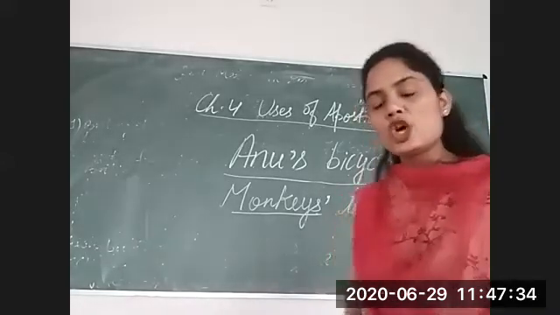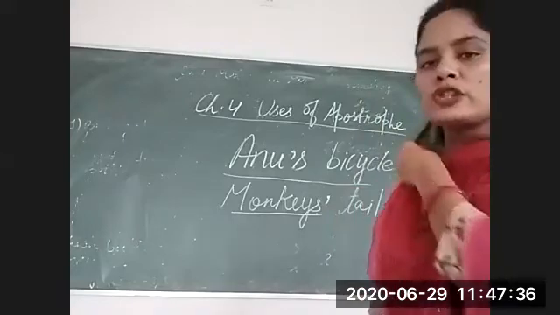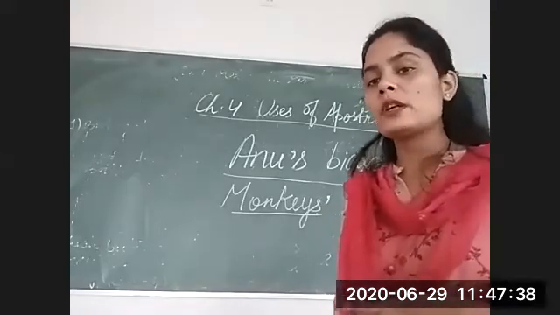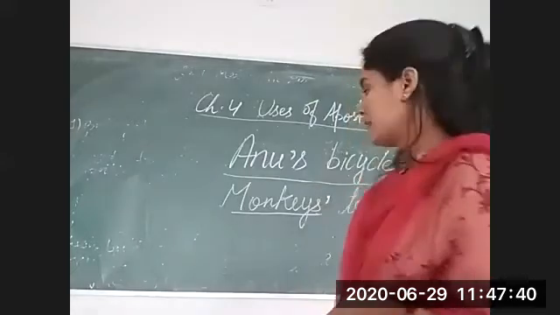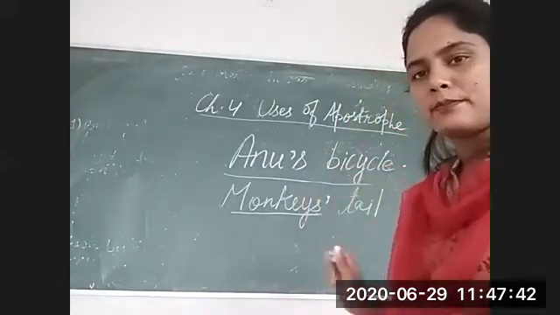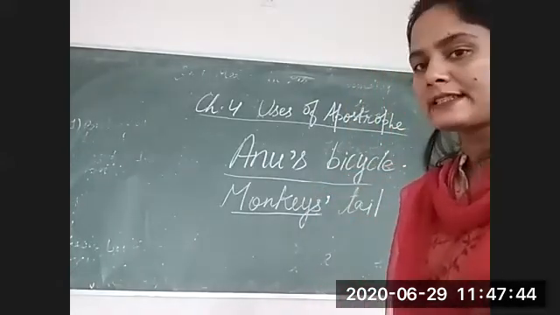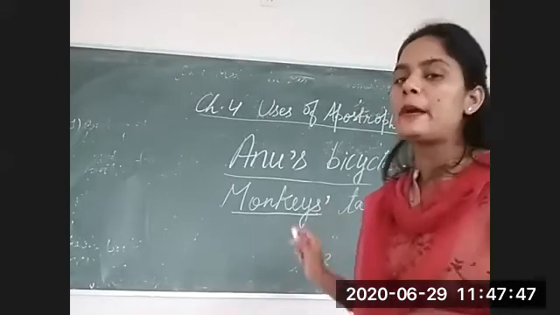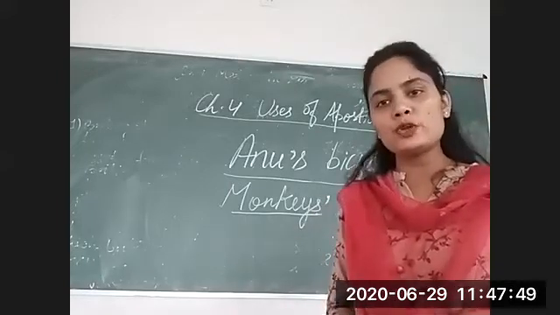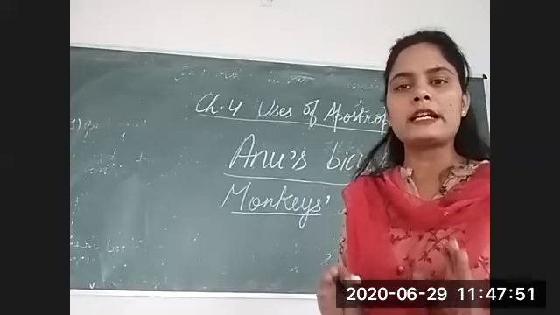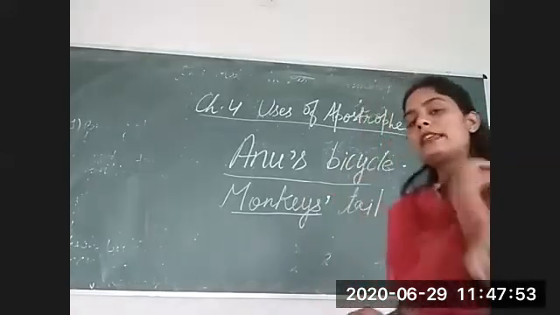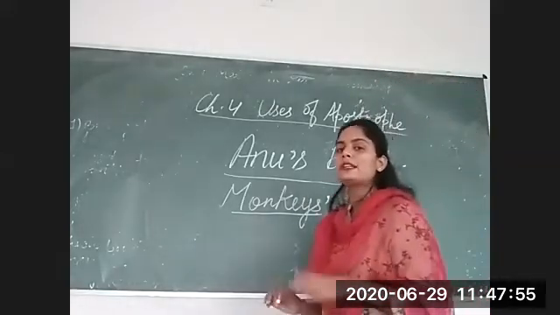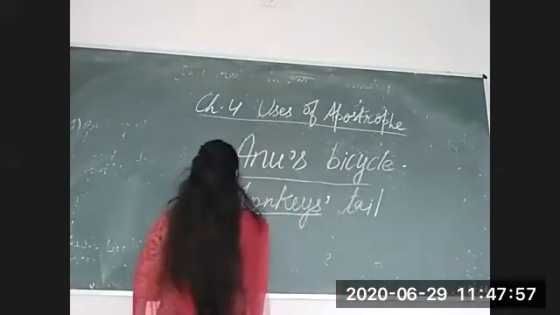But there is also the rule, children: if the plural noun is ending in s, like monkeys is ending in s, that's why I have used only apostrophe. But if the plural noun doesn't end in s, then we will use apostrophe with s.